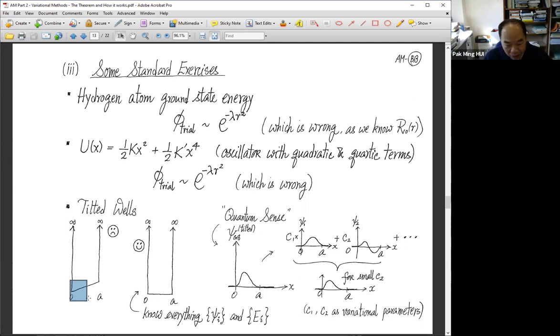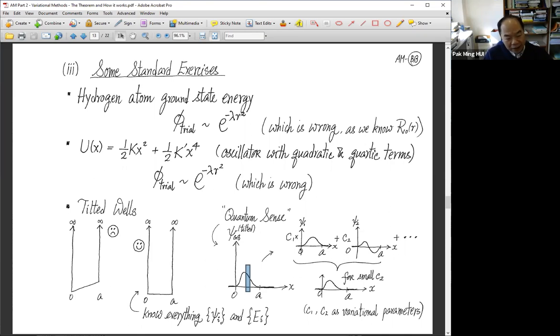So an educated guess would be that the wave function will no longer be symmetric about the middle, but instead slightly tilted to the left-hand side where the potential well is lowered, okay?